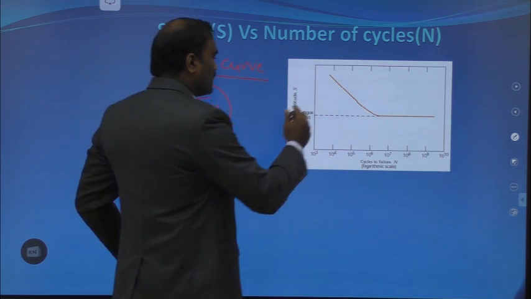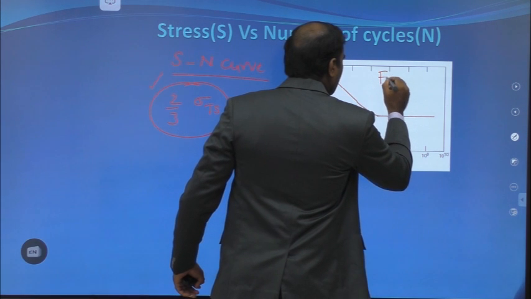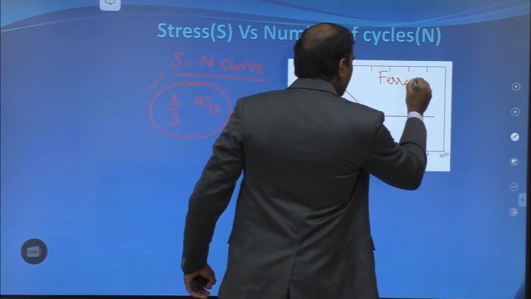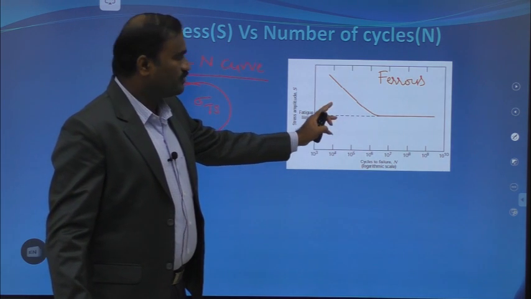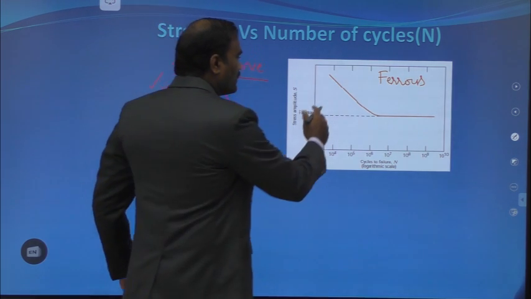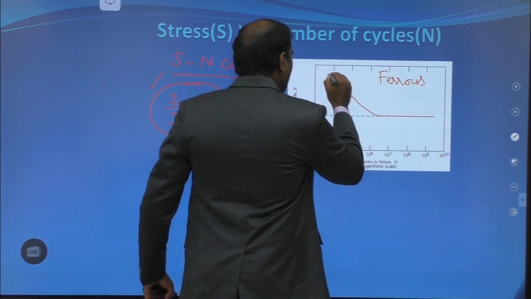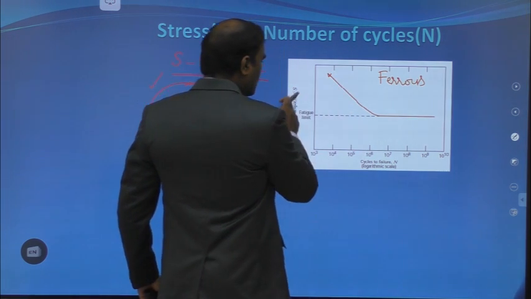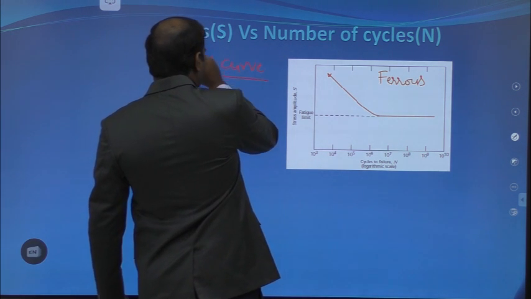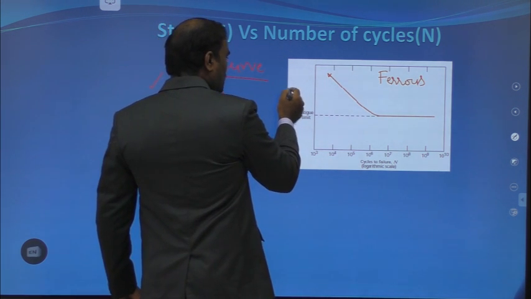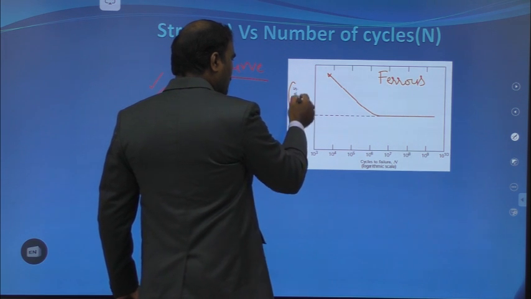It is different for different materials. Suppose I take ferrous materials, the curve will be like this. Here S is nothing but the stress, which can also be called stress amplitude.